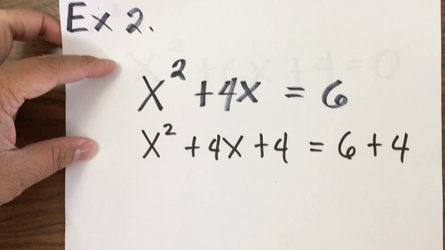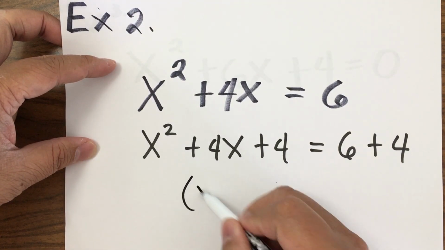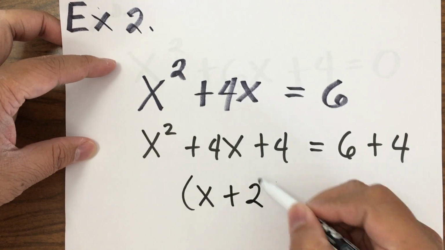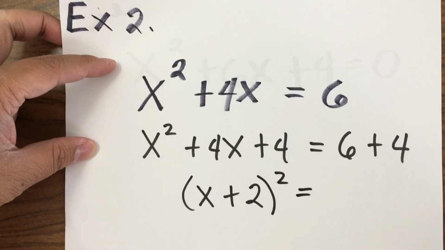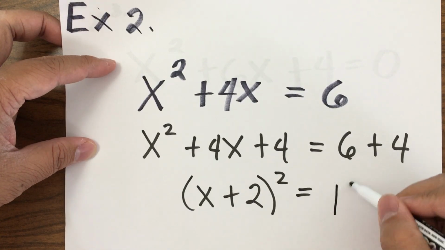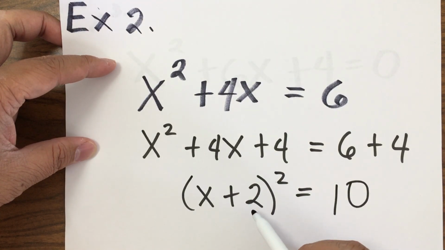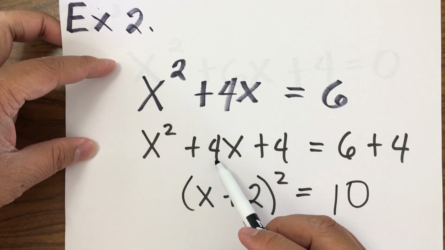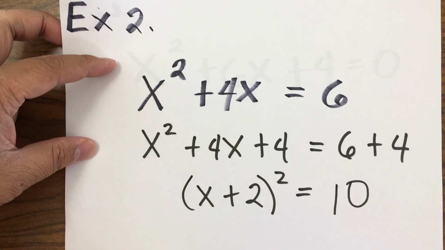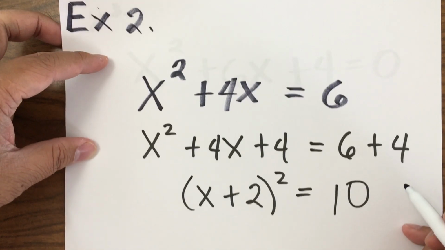And lastly, you can now write your perfect square equation. (x plus 2) squared is equal to 6 plus 4, which is equal to 10. If you're asking where I got 2, like what we had a while ago, it's half of the number together with your x.